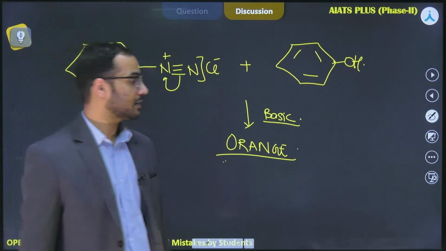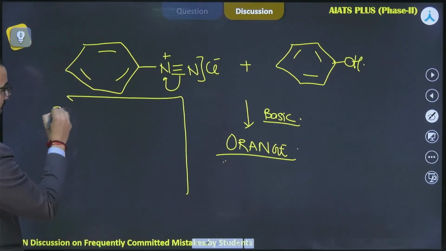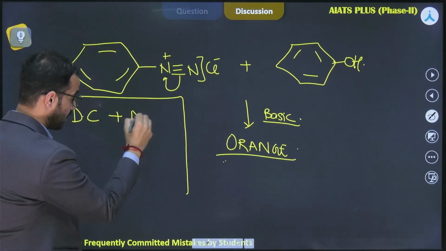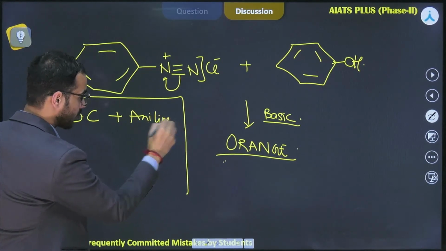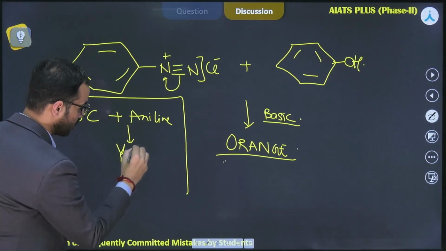Is this clear? It means we can clearly say that on reaction of benzene diazonium chloride with aniline, you will be having yellow color.